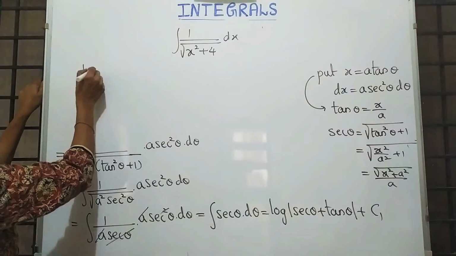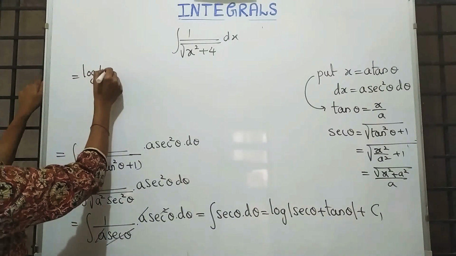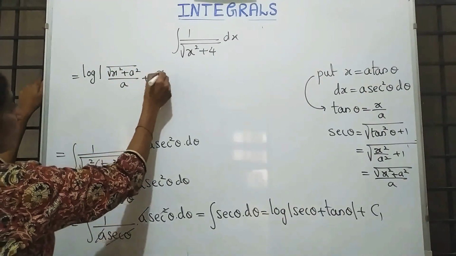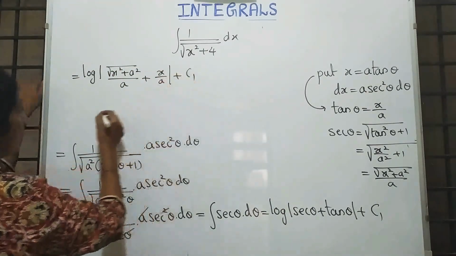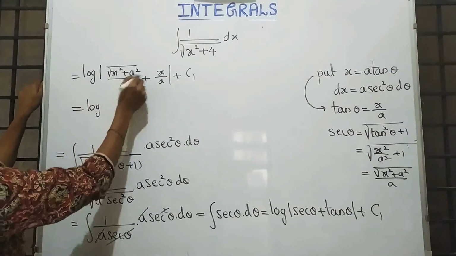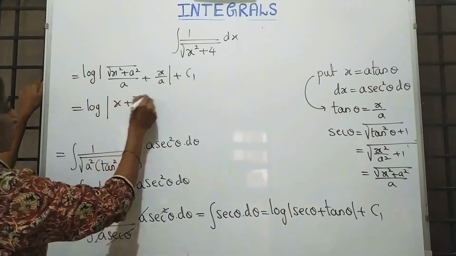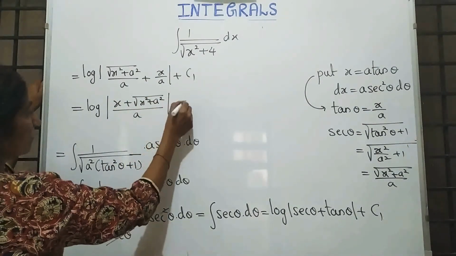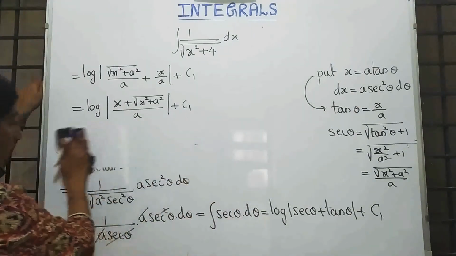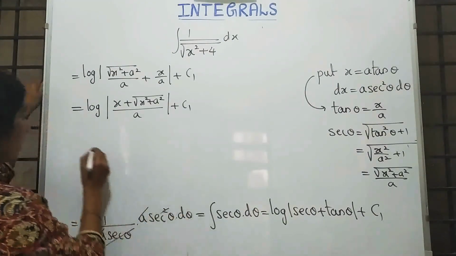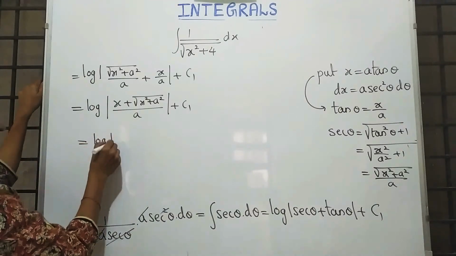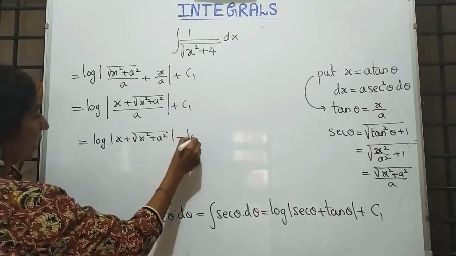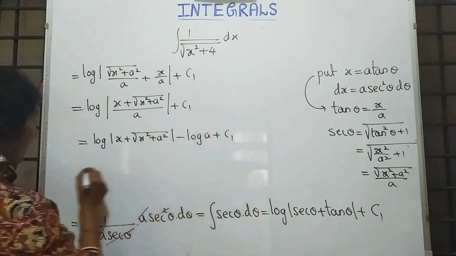It is log of sec theta, which is root of x square plus a square by a, plus x by a, plus c1. For our convenience, the middle plus is there, that is why I am interchanging. LCM is a. After that, they are in the form of log m upon n, log m minus log n plus c1.